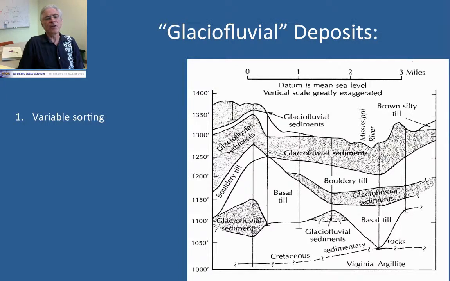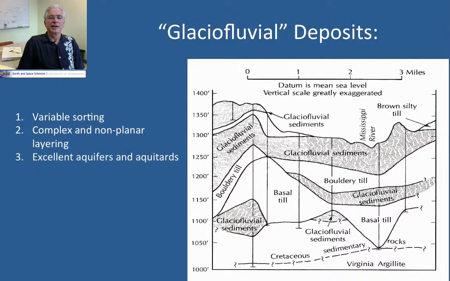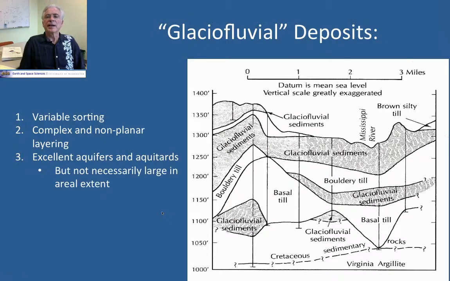So the sorting is variable from these different units. There's complex and non-planar layering. Some of these materials are excellent aquifers, some of them are good aquitards. Nothing, though, is necessarily large in aerial extent because the deposits do not extend over wide regions.